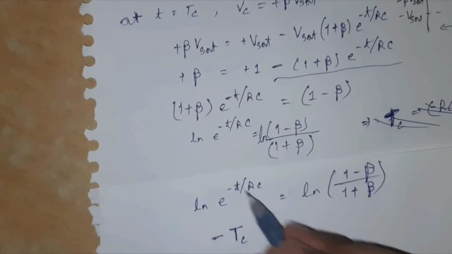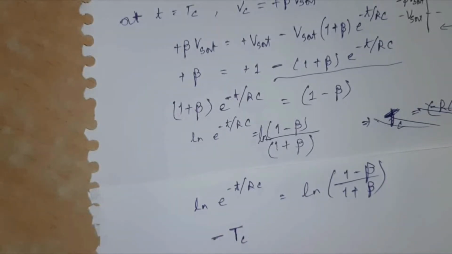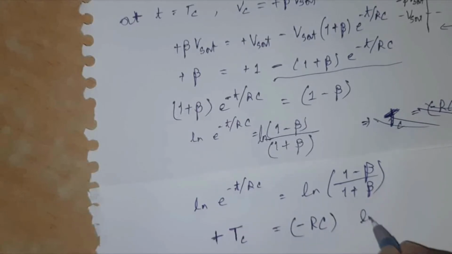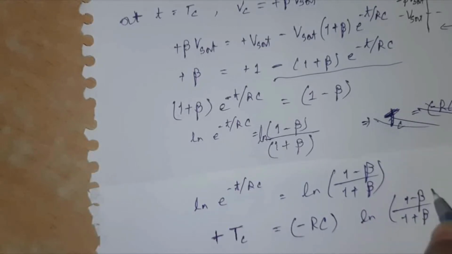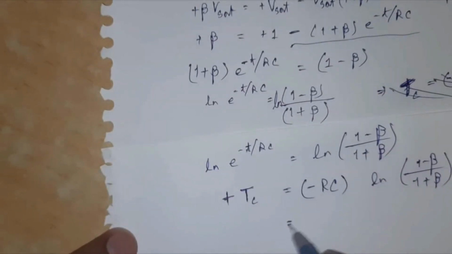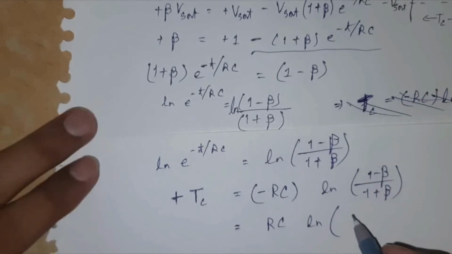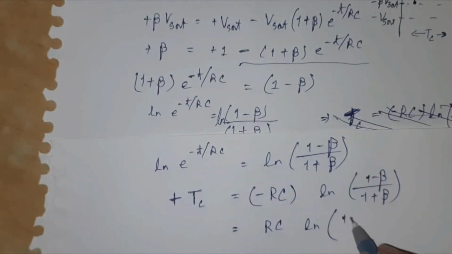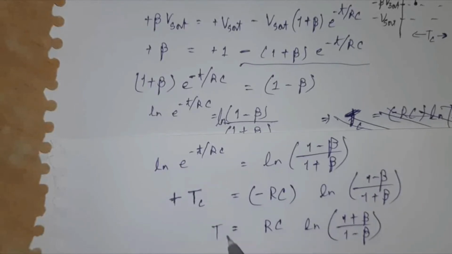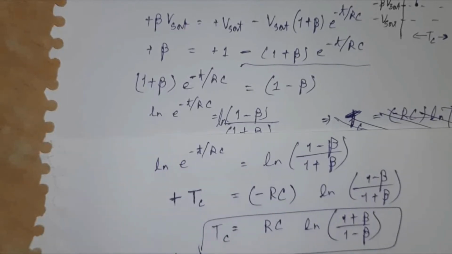Since this is the charging time, we have taken this Tc by RC, so this will come, let us make this plus, and this minus sign comes here, minus RC ln (1 minus beta) upon (1 plus beta). We can also write this as RC ln, just shuffle this, and yeah, now it is visible, (1 plus beta) upon (1 minus beta). So this is the value of Tc, the charging time, we got here.